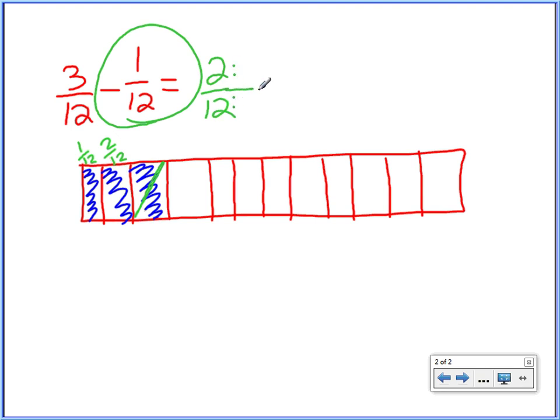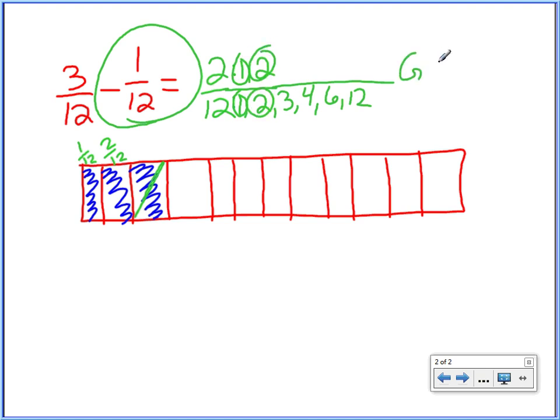So I'm going to write the factors of 2 and of 12. Then I need to circle the factors that they have in common. Their greatest common factor is 2.